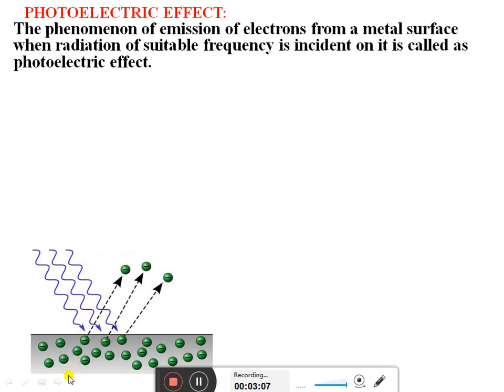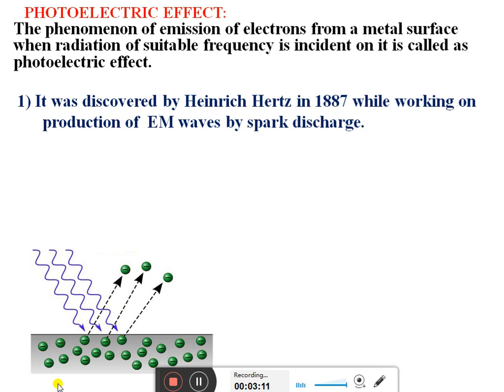So, how does it take place, or what is the history behind it? It was first discovered by Heinrich Hertz in 1887 while he was working on production of electromagnetic waves by spark discharge, which means this was discovered accidentally.